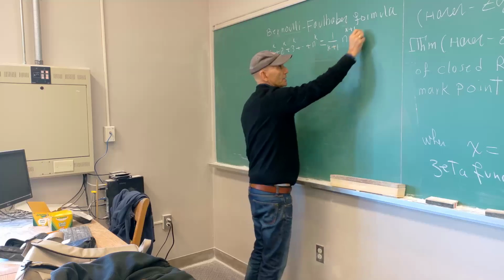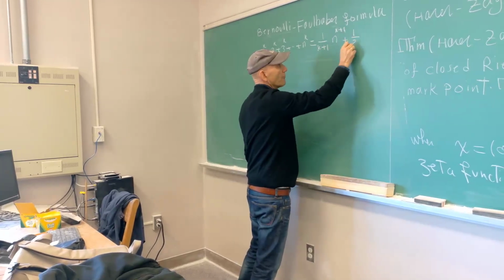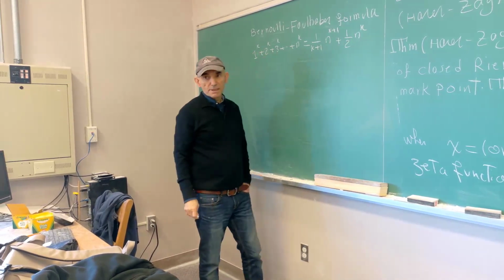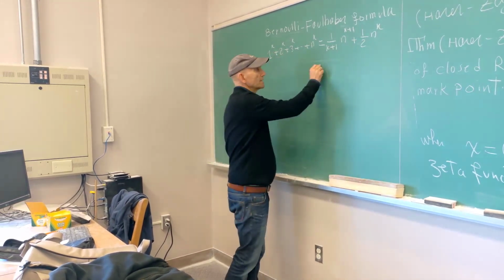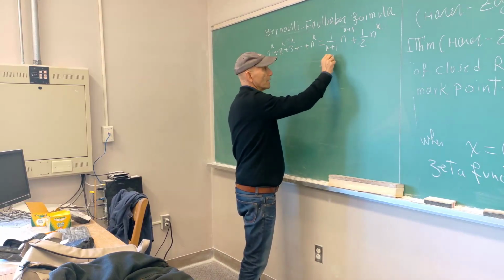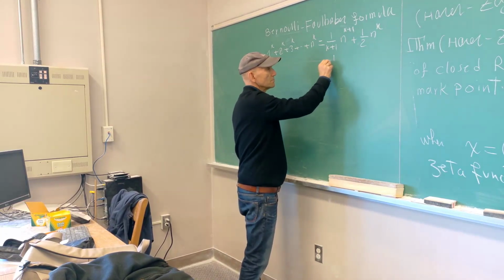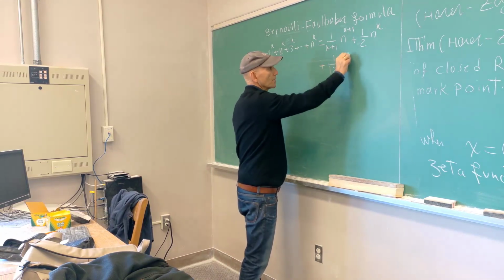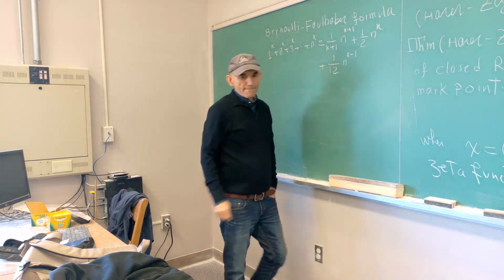The next one is 1/2 n to the k. And these are constant, so always the same. And the next term is 1/12 times k times n to the power k minus 1.